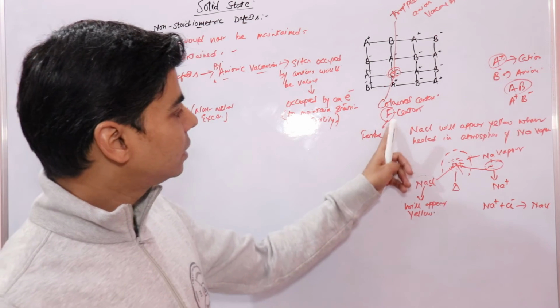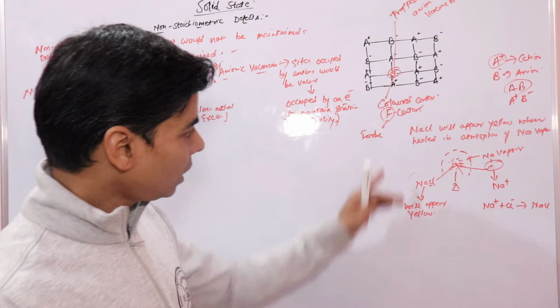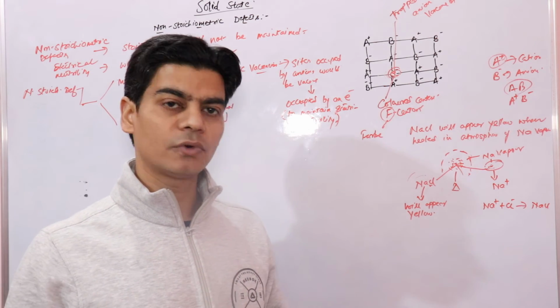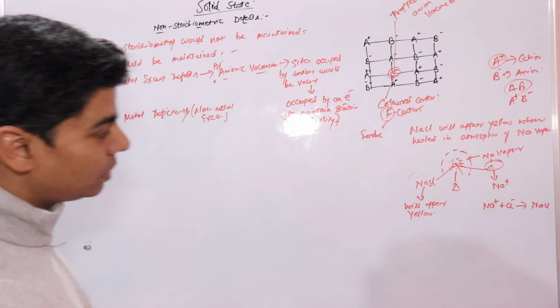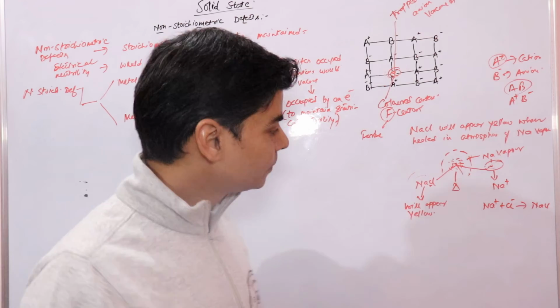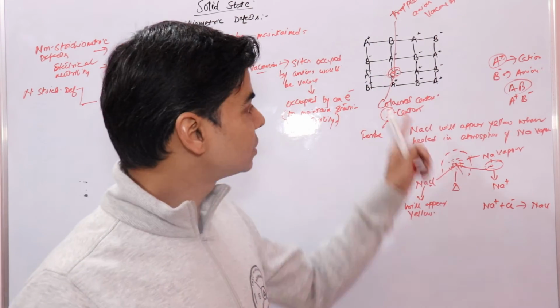This is known as a colored center or F center. Why do we call it an F center? Because of the German word Farbe, which means color. These F centers are responsible for giving color to crystalline solids. So this crystalline solid is colored due to excess of sodium.